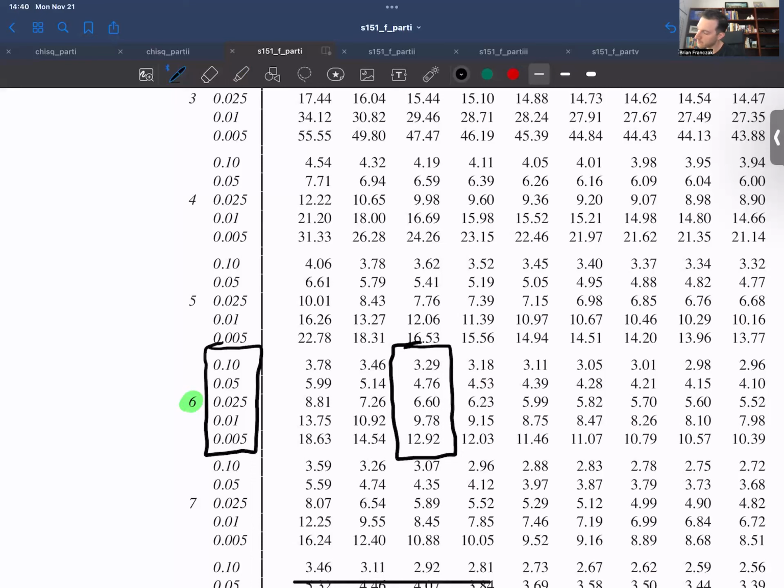Okay, so 10.62 is bigger than 3.29. 10.62 is bigger than 4.76. 10.62 is bigger than 6.60. 10.62 is bigger than 9.78, but smaller than 12.92. So we are in between these two quantities here. Okay, so our value 10.62 is in between 9.78 and 12.92, which means that our tail area is in between 0.01 and 0.005.